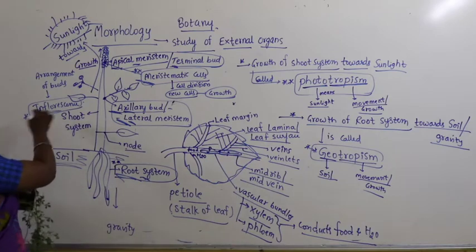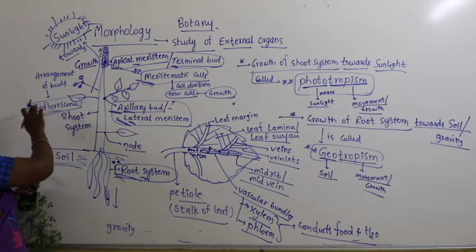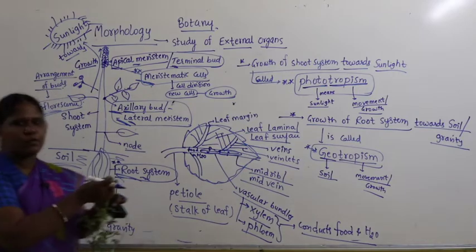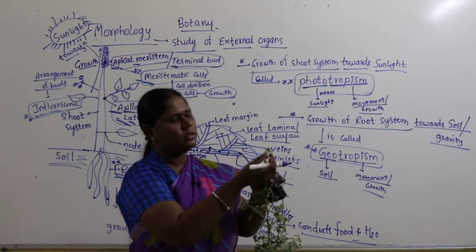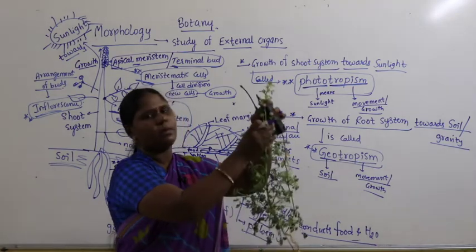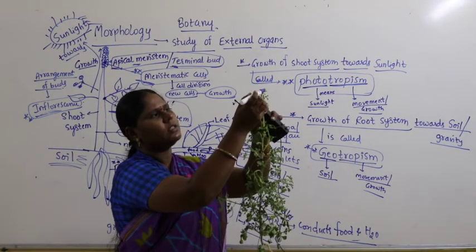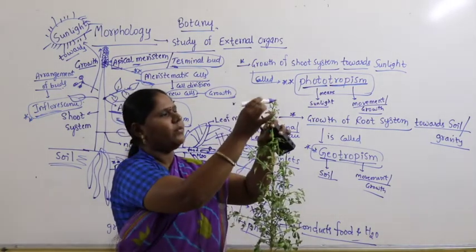What is this called? Inflorescence. Now you can see here, this is a small bud coming from a node. This is another small bud. These all are buds. So, this arrangement is called what?